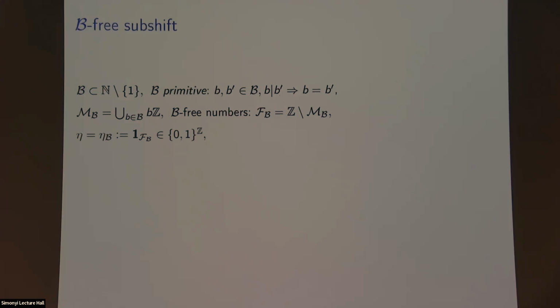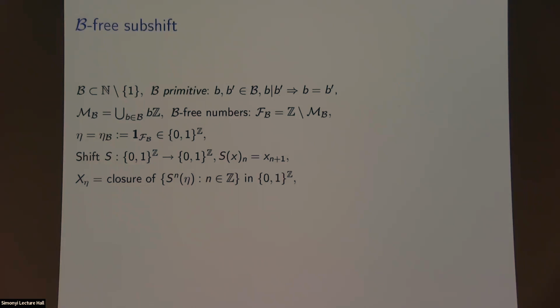Eta or eta_B will always stand for the characteristic function, just the indicator of the set of B-free numbers. This is a 0-1 sequence. The set of all 0-1 sequences is equipped with the natural shift S by 1.